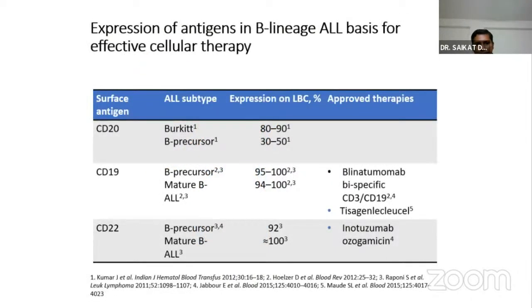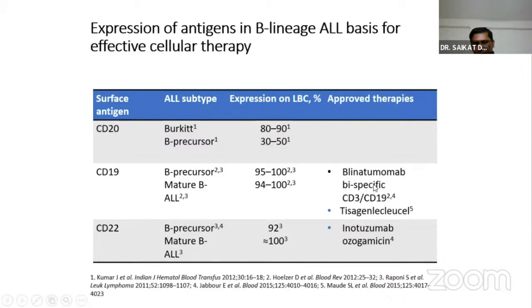These are the important targets which we can use in ALL salvage therapy. Like CD20, we have been using rituximab for many years in upfront therapy of ALL. Now CD19 and CD22, these are new targets which you can use in your salvage therapy. These are now not recommended with upfront therapy.